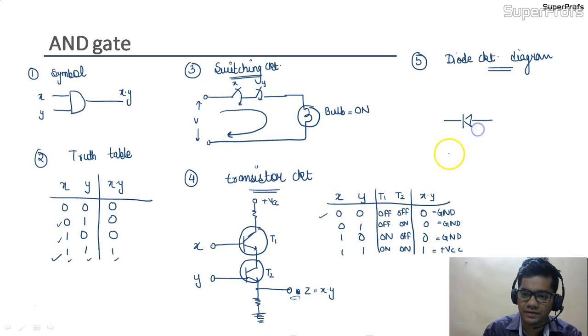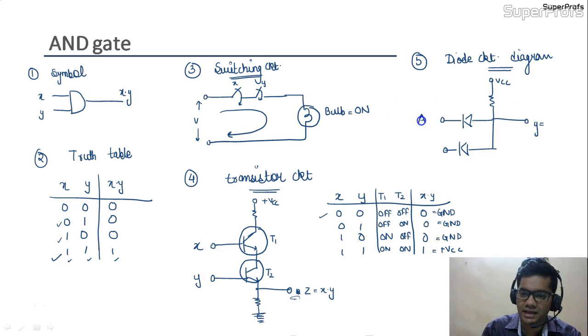We are connecting the diodes like this, and this is our plus VCC voltage. We are taking the output from here, which is Y, and the inputs are A and B. This is the D1 diode and this is the D2 diode. So this is A dot B.